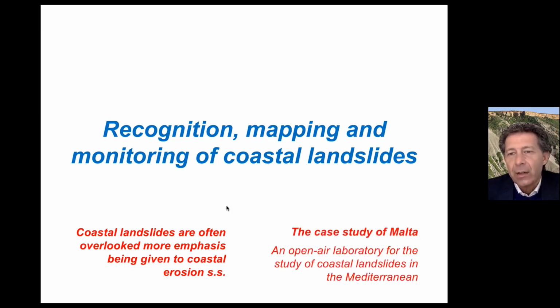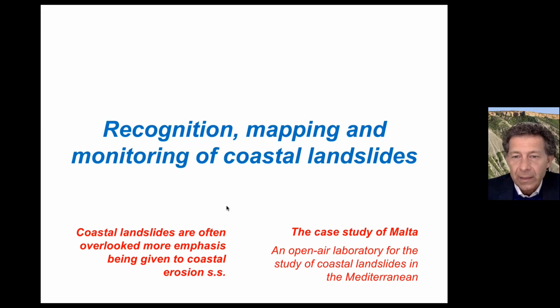The case study of Malta was considered by our research team as an open-air laboratory for the study of coastal landslides in the Mediterranean. There is scarce vegetation, as you will see. The geology from this perspective is quite simple, with a subhorizontal stratification, with very clear evidence of faults, fractures, and joints.